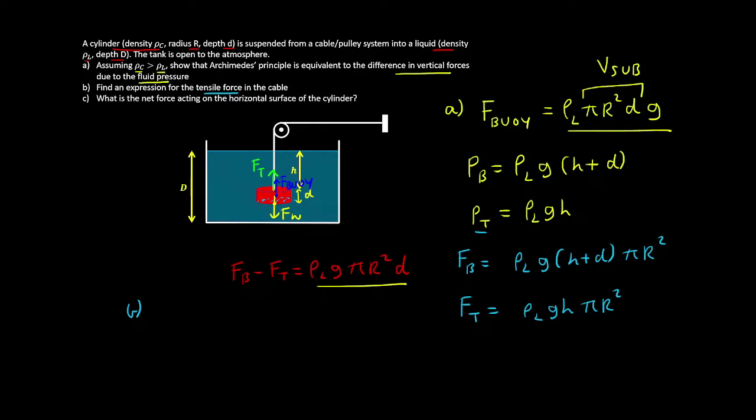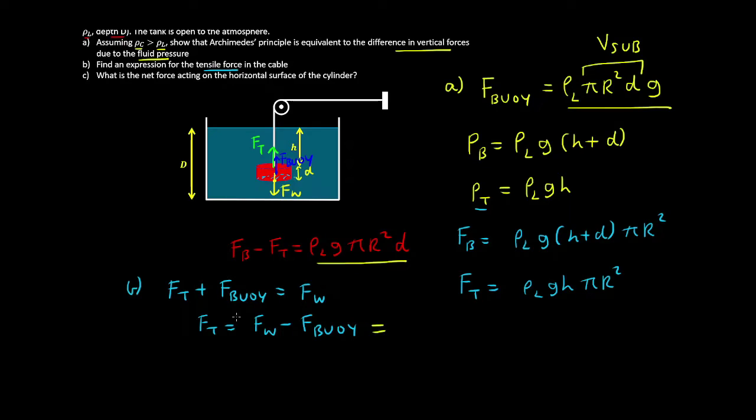So as we're told, the cylinder is suspended from the cable pulley system, so that means that the cylinder is in static equilibrium. And therefore the tensile force in the cable plus the buoyant force is equal to the force of weight. And therefore the tensile force is equal to the force of weight minus the buoyant force.